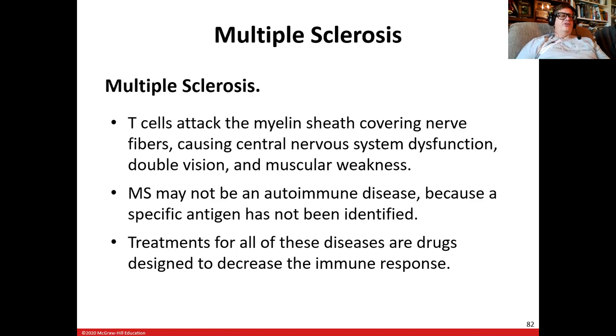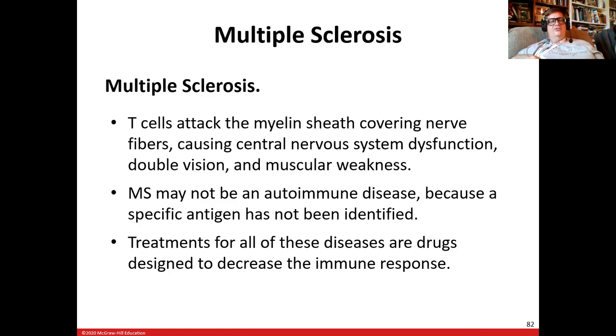Multiple sclerosis, the T cells attack the myelin sheath. We're talking about the support cells around the nerve, and it attacks them, it weakens them, and then you get scarring. The nice myelin sheath cells, things like Schwann cells, are replaced with non-functional cells, and then you can't transmit a signal down the nerve so well.